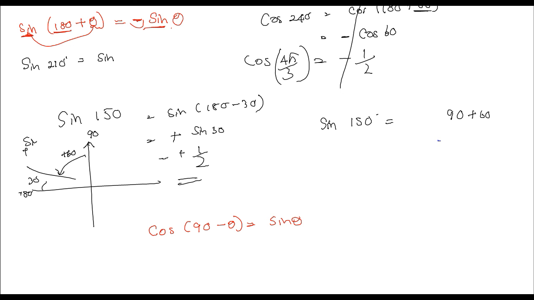What I told you at that moment was, whenever you associate with 90, cos becomes sine. So I can use a similar derivative of that rule. I can derive something out of that rule. I can write this as cos(90 plus 60), because cos becomes sine when it associates with 90, and then you have 90 plus 60.